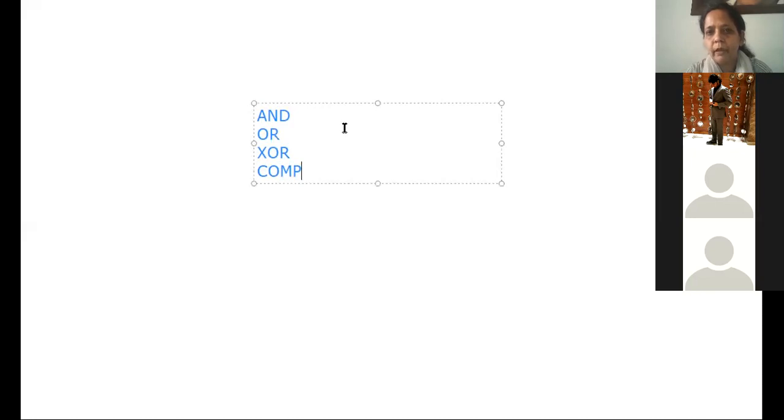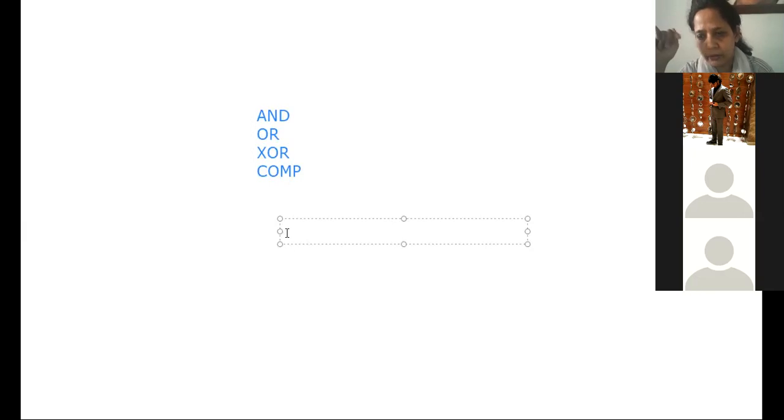Okay, so AND operation, you must remember the truth table of the AND operation. Bitwise ANDing operation we are doing. When both the bits are 1, or both the inputs are 1, the output is 1 in case of AND operation.